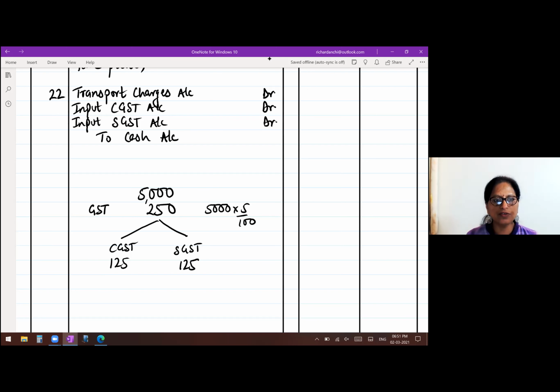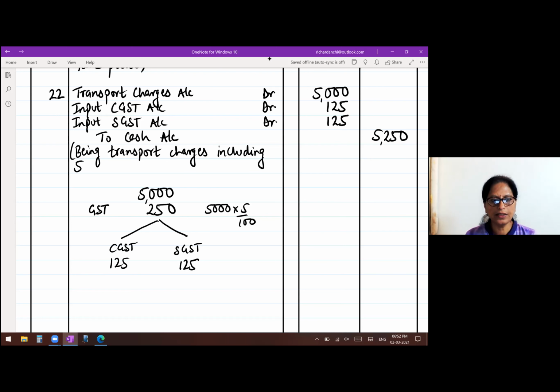So when you write the figures now, transport charges account debit 5,000. Input CGST 125. Input SGST 125. To cash account, the total 5,250. Okay. So narration: Being transport charges including 5% GST paid.